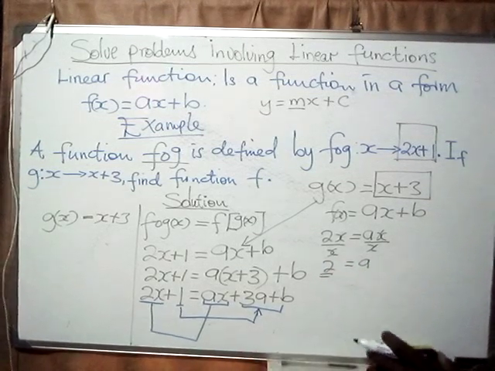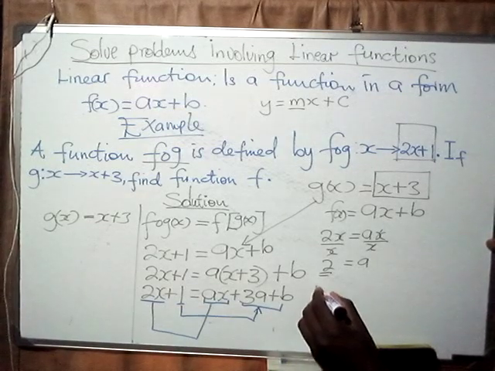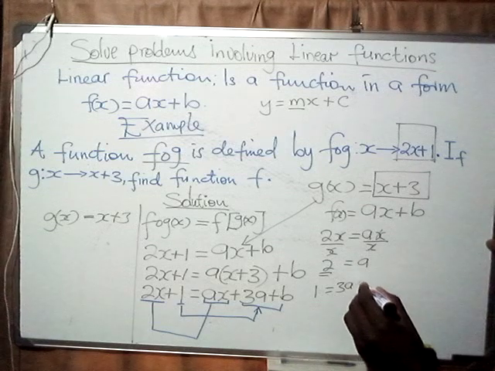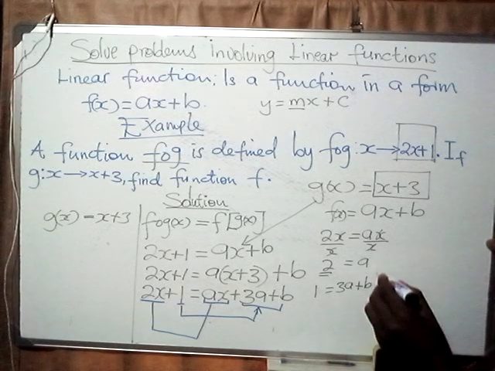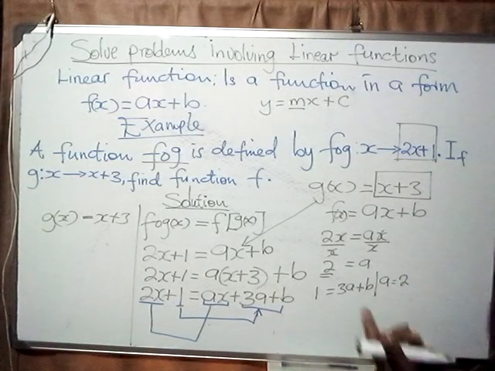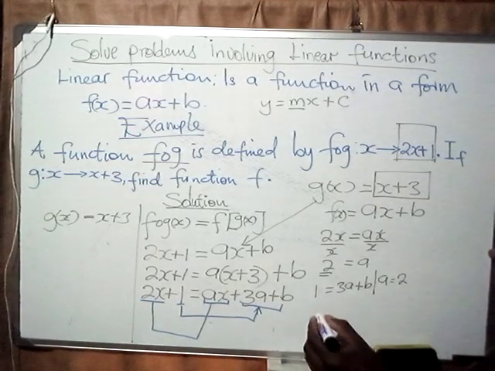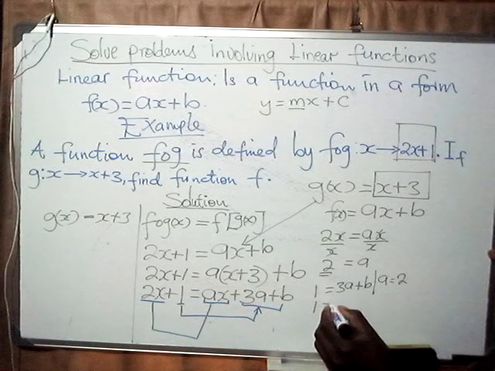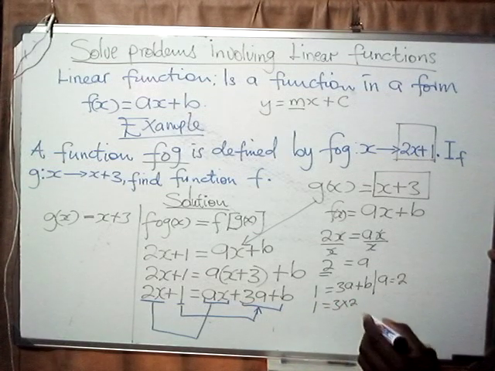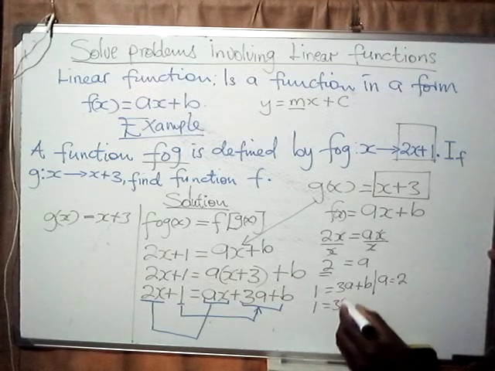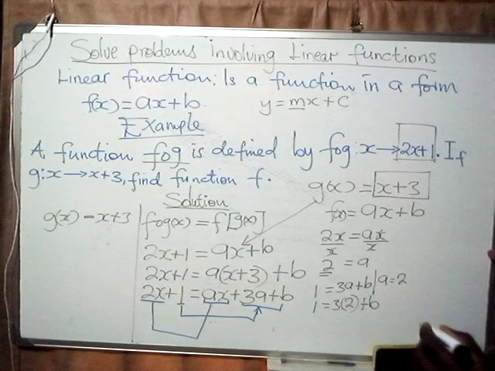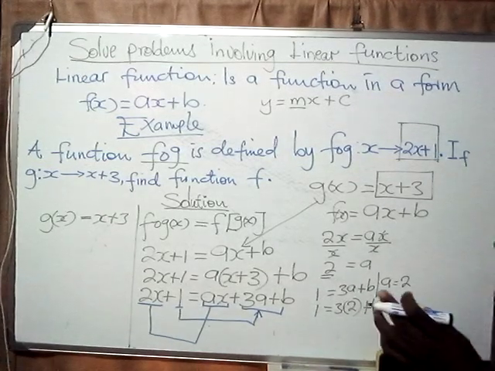We come to the other one. The other one is 1 is equal to 3a plus b. But what is the value of a? The value of a has been found as 2. So where there's a, I'll put a 2. So it will be 1 is equal to 3 times 2 plus b.